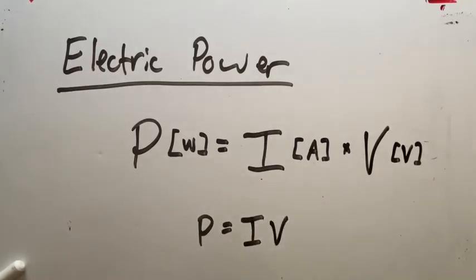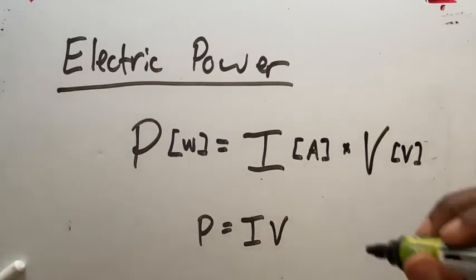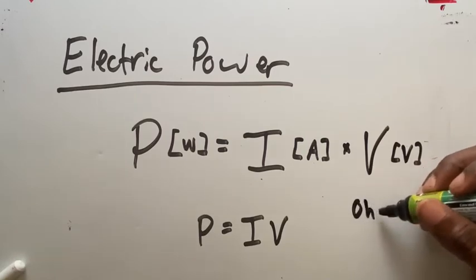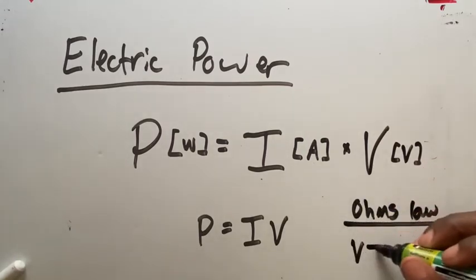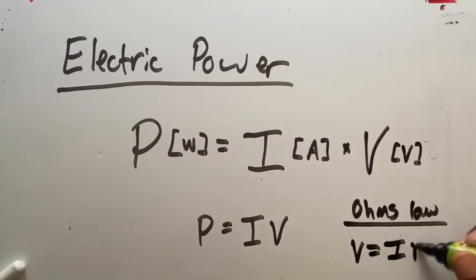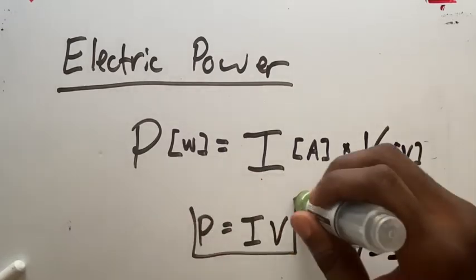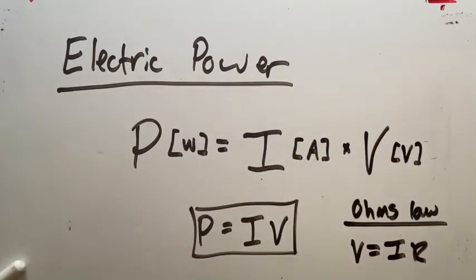So this is our equation for power: power equals the current times the voltage. Not to mix it up with Ohm's law, which is voltage equals the current times the resistance. So this is the last equation.